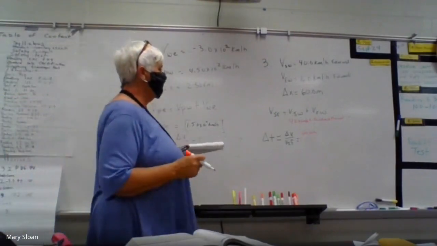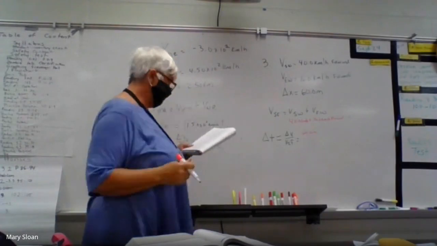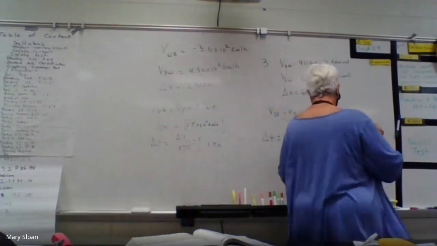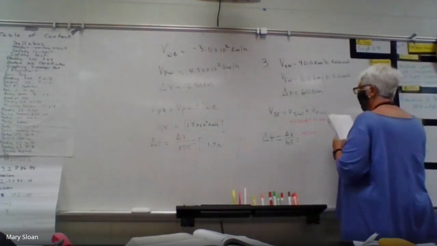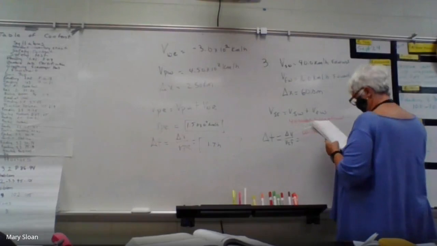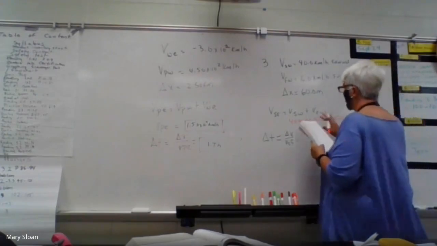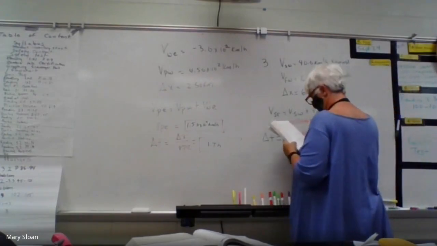So what is the velocity of our sea lion on the fish? 56. Yeah, that's what I got. So, subtract.